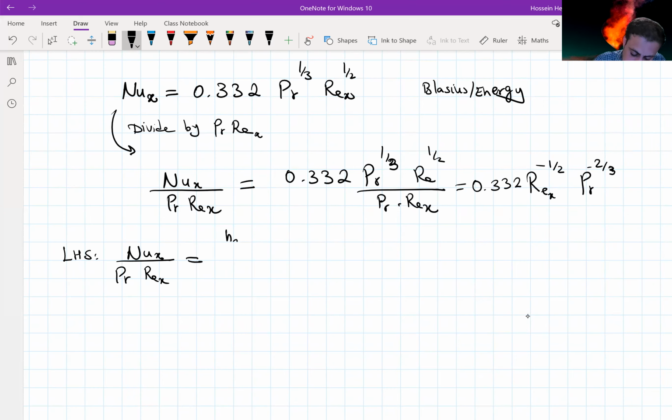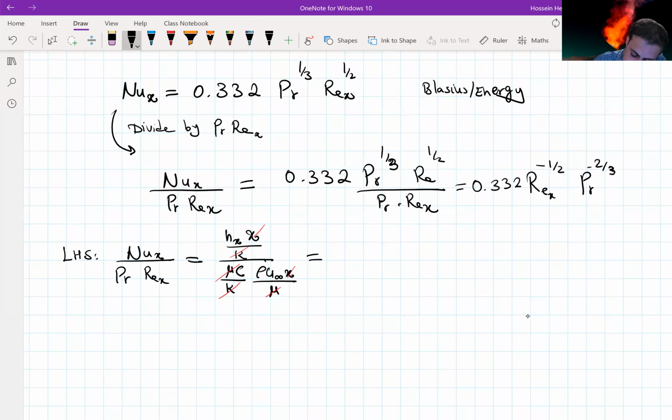The left hand side: Nusselt number is local heat transfer coefficient times x divided by k. Prandtl number is mu c divided by k, and Reynolds is rho u infinity x divided by mu. So these x are canceling out, k, mu.